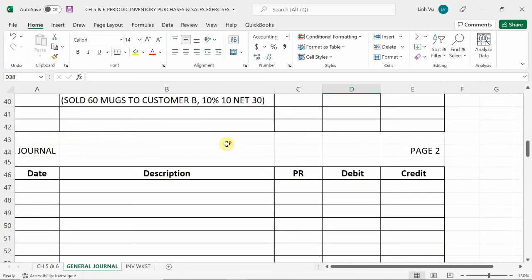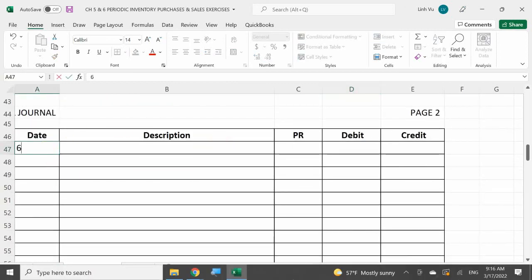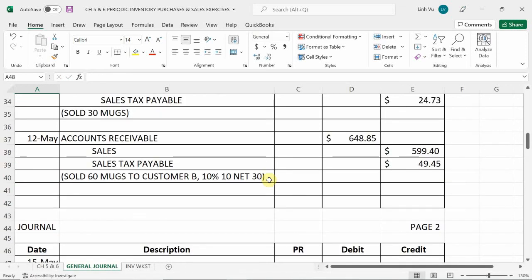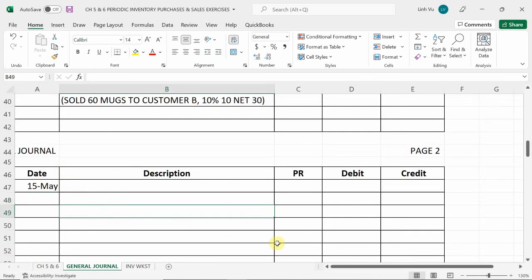So in this case, I'm going to be moving on to my next journal here. So 6 on May 15. Customer B decides to return 30 mugs for a full refund. Not accounts payable, right? Accounts payable is used when we owe money. Accounts receivable, good. Now in this case, I have to reduce the amount that he owes me, so that's going to be something that we put in last.